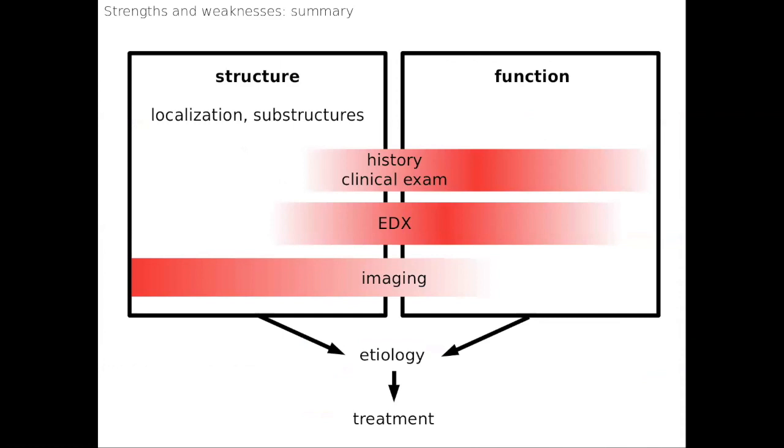So I really think that the imaging complements and is very helpful, especially when it complements our thorough clinical and neurological exam and the electrophysiology regarding the function and the structures, especially regarding localization and substructure affection. And this can give hints to, of course, the etiology and the treatment.